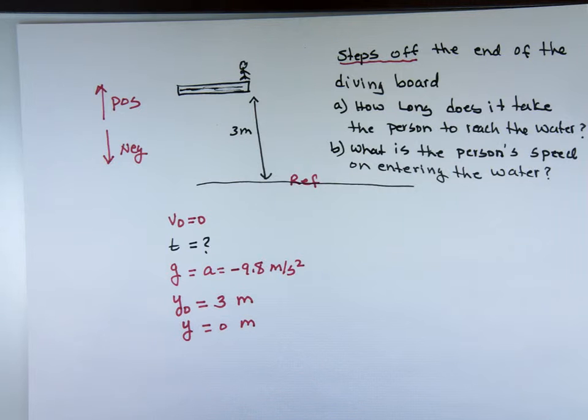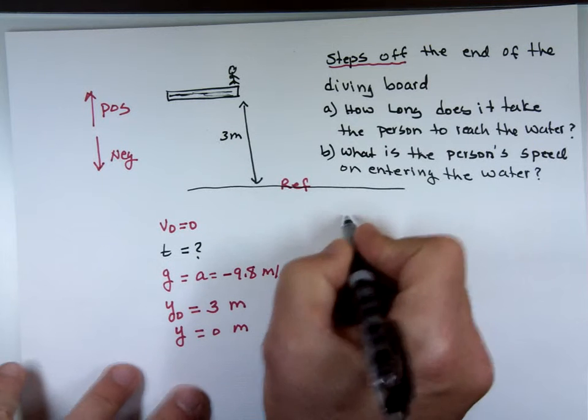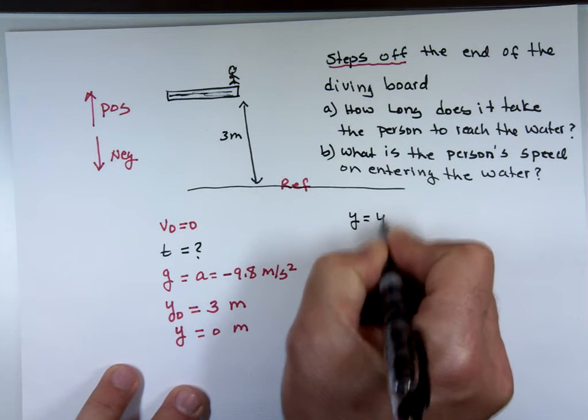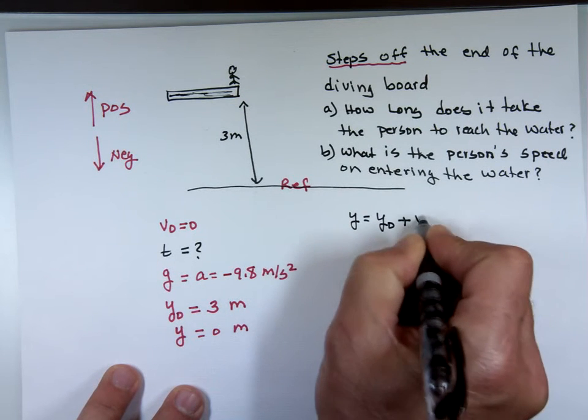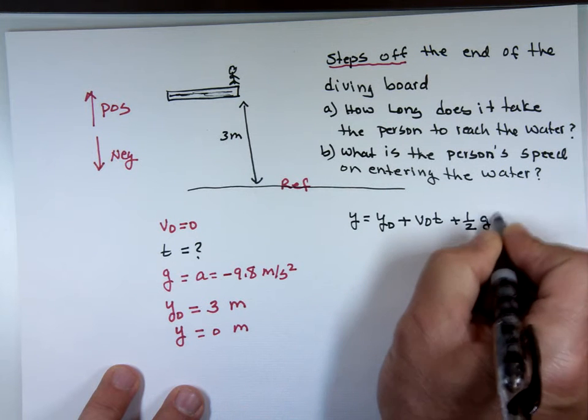Do we have an equation that puts all these pieces together? Number 4. Number 4, y equals y sub 0 plus v0t plus 1/2 gt squared.